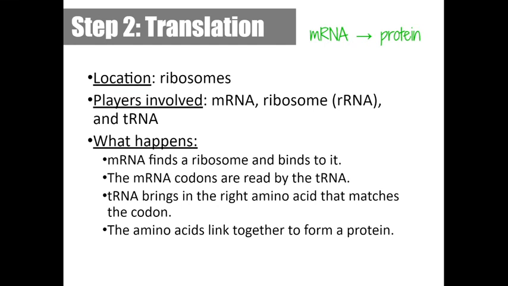After it finds that ribosome to bind to, the mRNA codons are going to be read by the tRNA. So the tRNA will bring in the right amino acids that match the codon. Just like when you order food in a restaurant, if your food comes out incorrectly, you're not going to be happy about it. Just like your DNA won't be happy if its amino acids are messed up. So the amino acids will then link together to form our proteins.